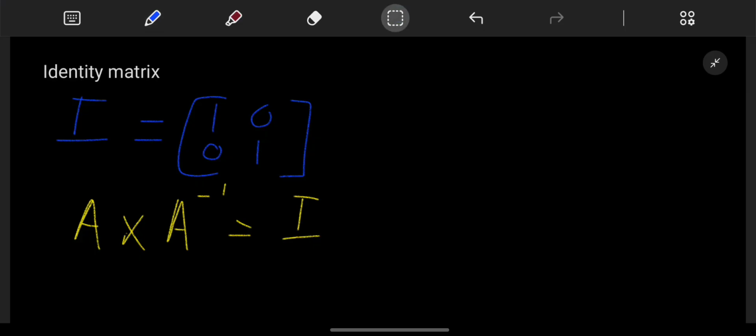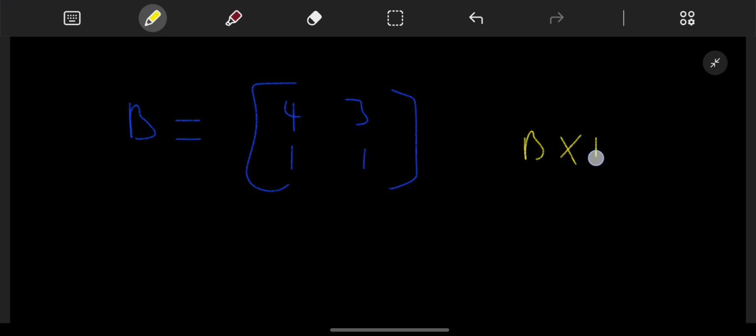So for example, let's say we have matrix B, and matrix B is 4, 3, 1, 1, and we want to find the inverse of this matrix. Then we multiply the original matrix times its inverse and see if we get the identity matrix.